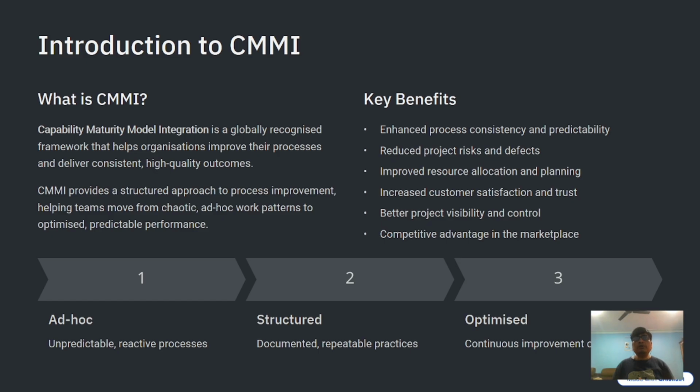They don't have a method or a framework to complete the task. They have a deadline, and they go ahead with the task, perform it, and complete it.